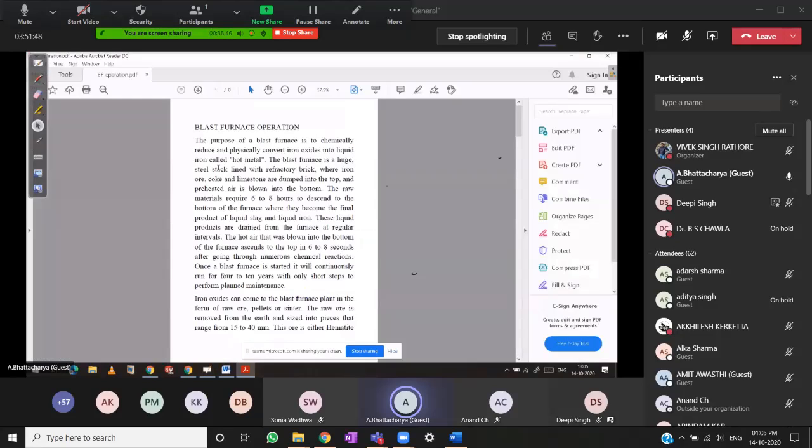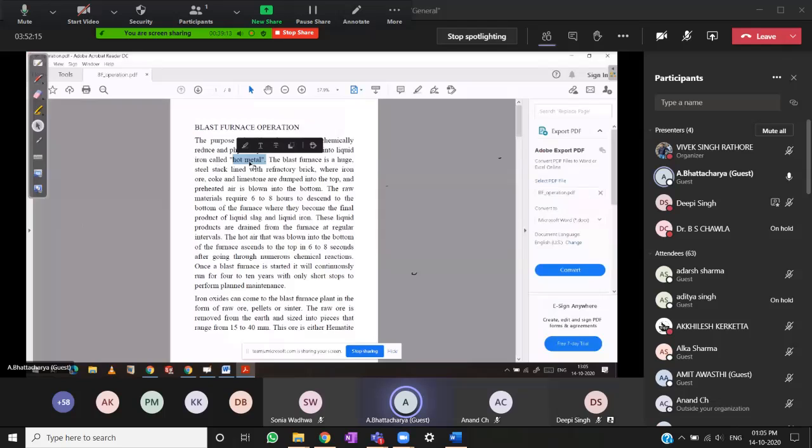And what is a blast furnace? Now, the purpose of a blast furnace is to chemically reduce and physically convert iron ore to liquid iron called hot metal. Hot metal is a term in steel plants. Now, this hot metal is the liquid iron which comes out of the furnace.